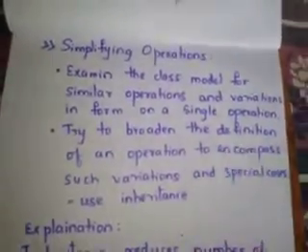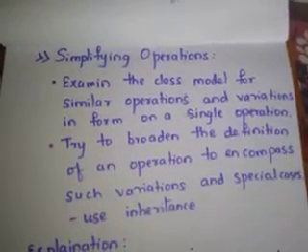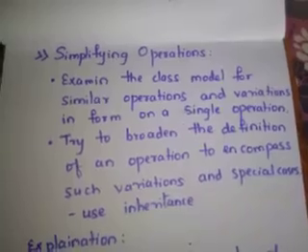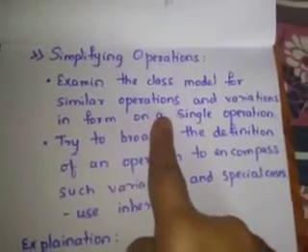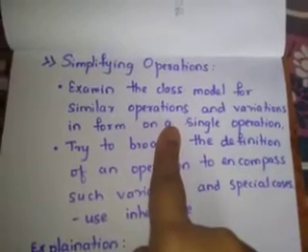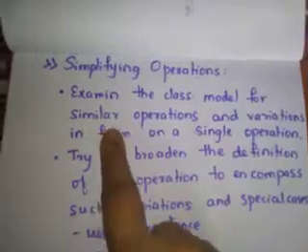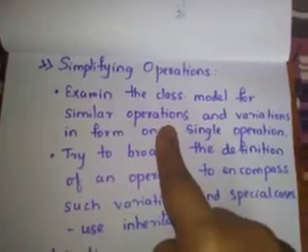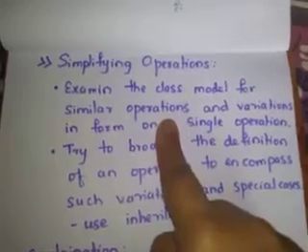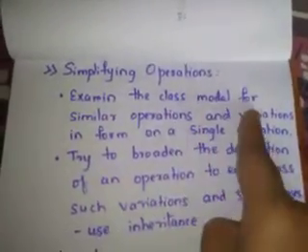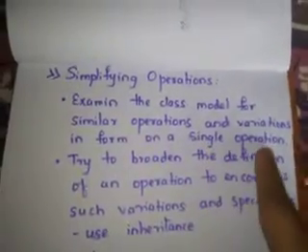For example, providing a salary to a temporary employee and providing a salary to a daily wage employee, right? They are a bit similar, only the internal calculation, the formula for how to calculate the salary, is different. Otherwise they look like similar operations, because whether he is a temporary employee or a permanent employee, he is getting a salary, right? So examine the class model for similar operations and variations in the form of a single operation.